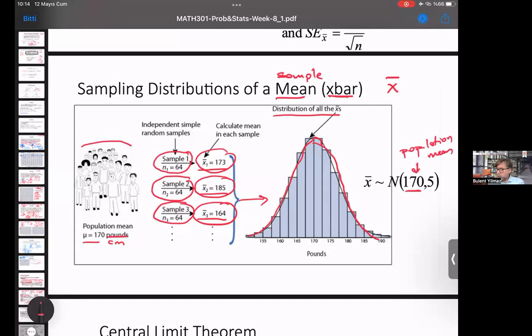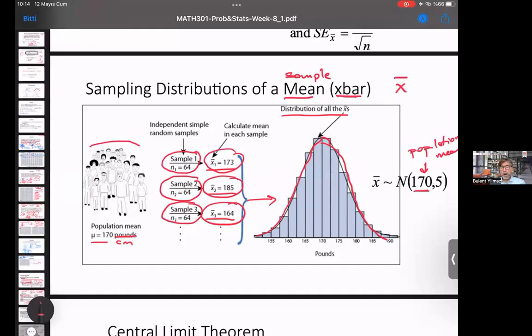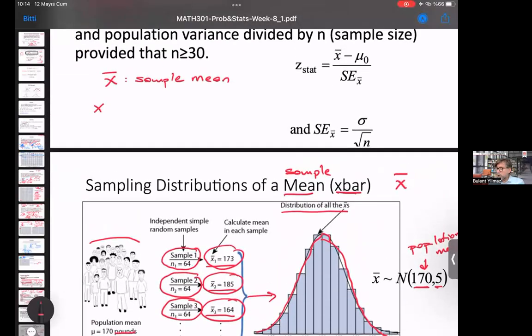So the mean of the means will be the population mean. How about the standard deviation? It will change with respect to our sample size.